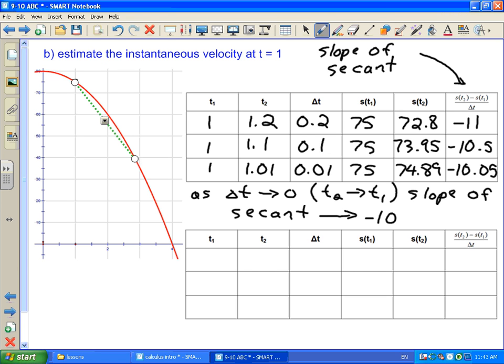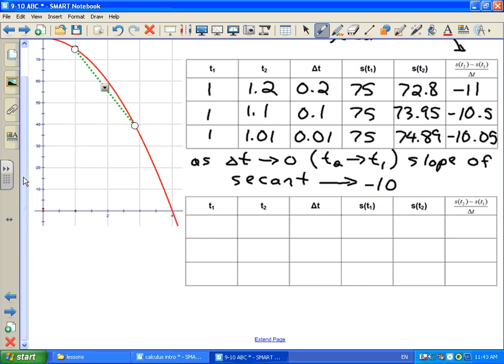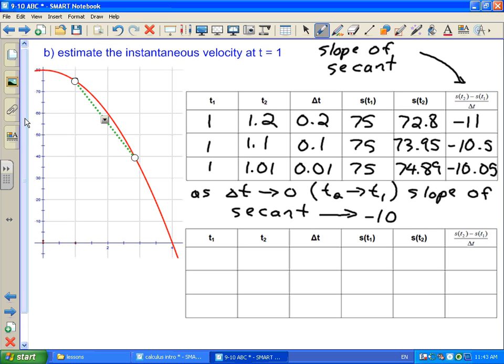And to double check that this was consistent, we also did the same sort of thing approaching T1 from the other side. So we took our secant here and we kind of flipped it over like this, and we moved this T2 towards T1 this way.